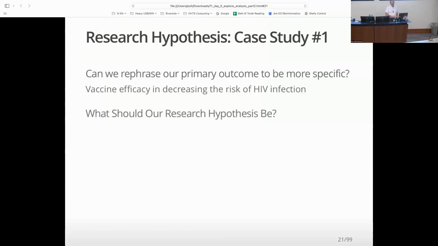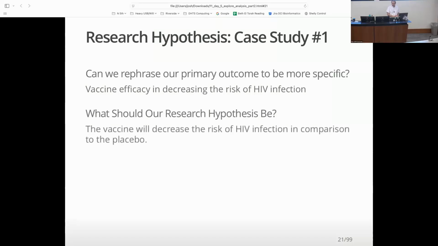And then based on that, what should the research hypothesis be? This is how I'm phrasing it: that the vaccine will decrease the risk of HIV infection in comparison to the placebo, right? So that's my alternative hypothesis, that the vaccine will decrease the risk of that outcome, the HIV infection, in comparison to the placebo.